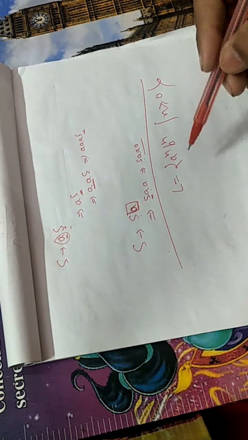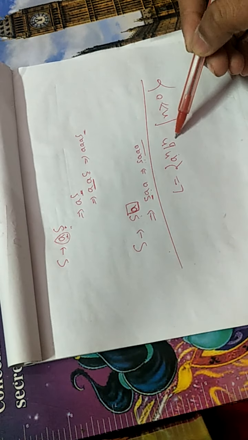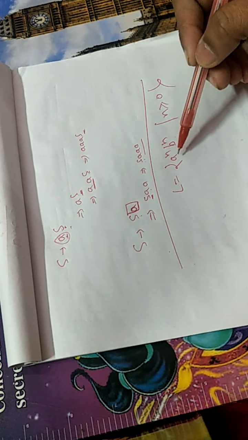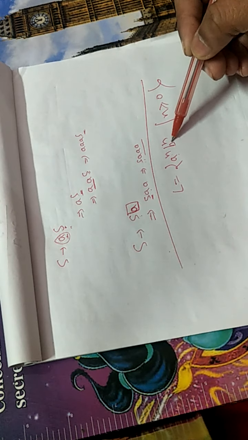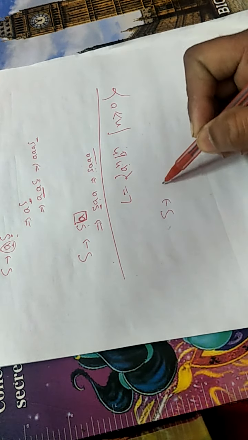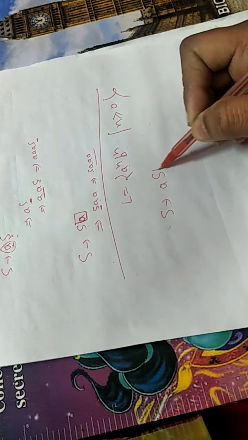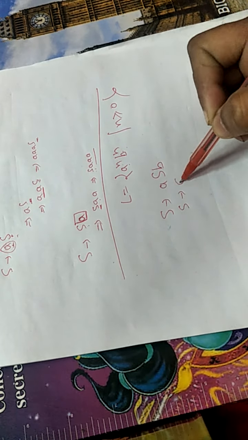So how can we match A with B here? There should be the same number of A's on the left, and the same number of B's on the right. So the grammar will be written as S tends to ASB and S tends to epsilon.